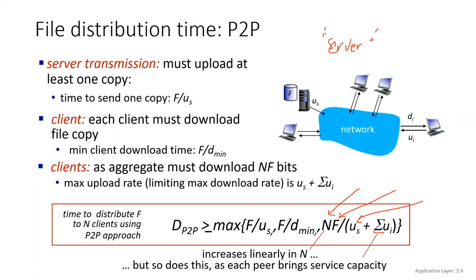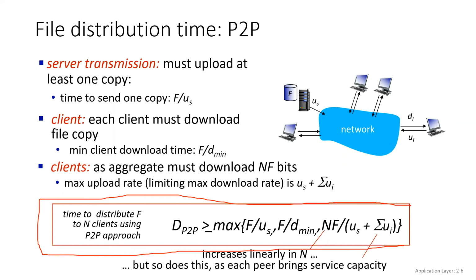So this is the formula, and I will not write it down anywhere else again. This one is very important for you to calculate the distribution time of a file in a peer-to-peer architecture in the network, right?